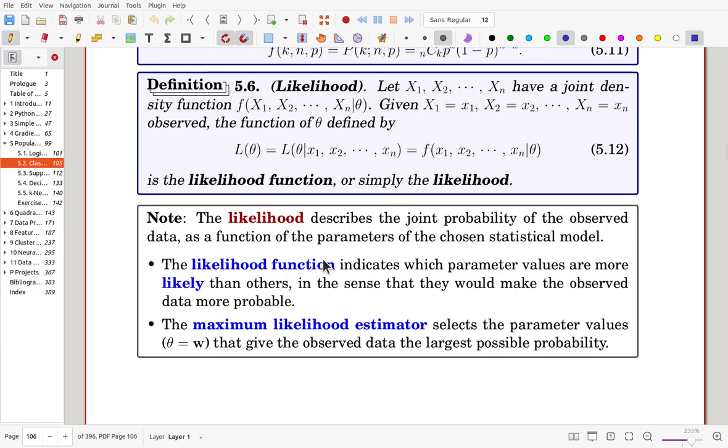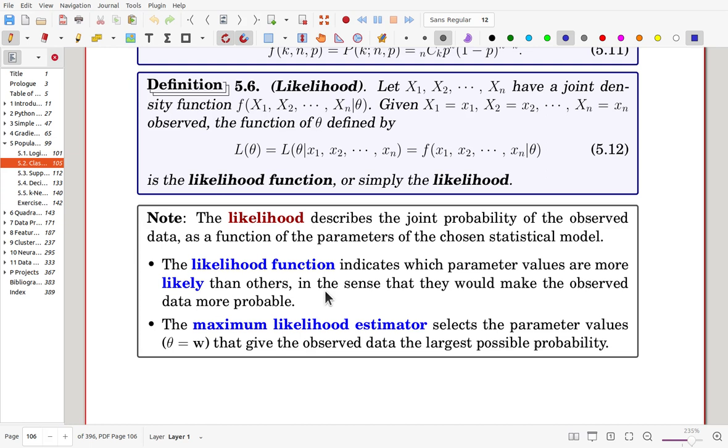The likelihood describes the joint probability of the observed data as a function of the parameters. The likelihood function indicates which parameter values are more likely than others, in the sense that they would make the data more probable.